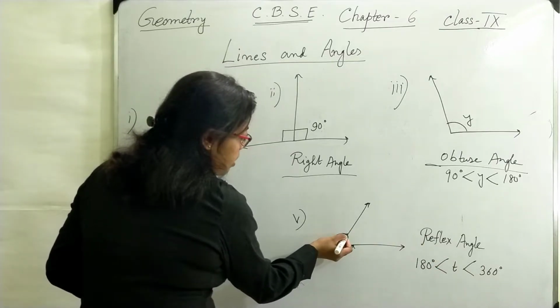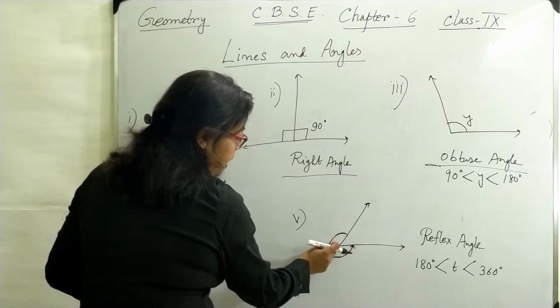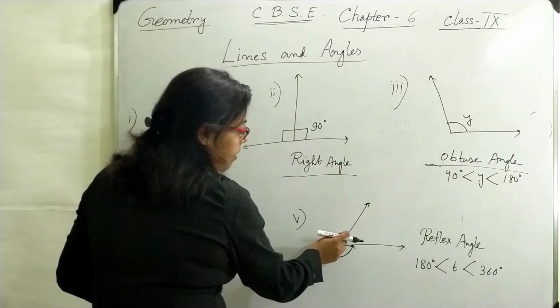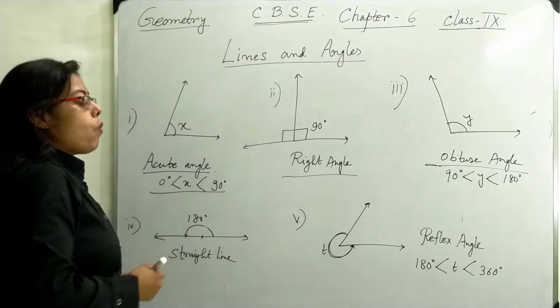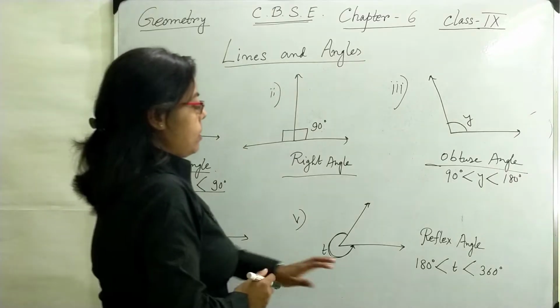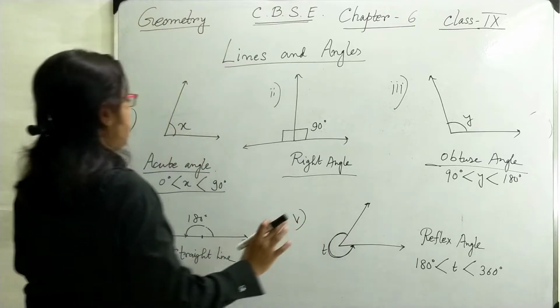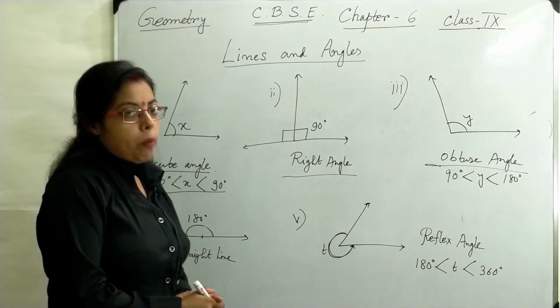And it is measured like from here to this point. This angle is known as reflex angle, and its value must be greater than 180 degree and less than 360 degree. Clear? So these are the basic angles which are used in geometry.